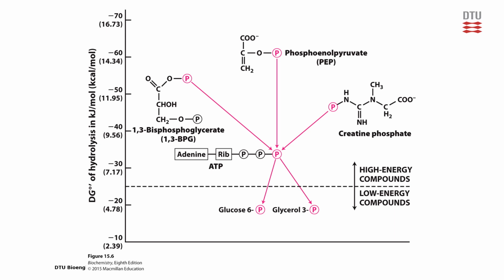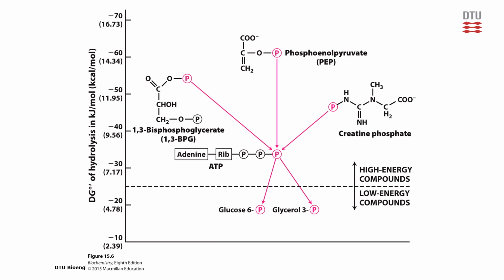This is an overview of the phosphate-rich or energy-rich molecules and how they relate to ATP. If you want to do substrate level phosphorylation of ADP to ATP, you need a molecule with a lower delta G for hydrolysis. These are in kilojoules luckily, and the parentheses are in kilocalories if you prefer that.